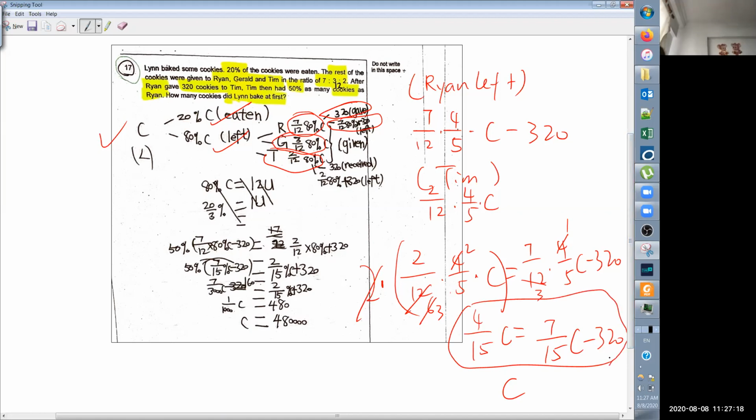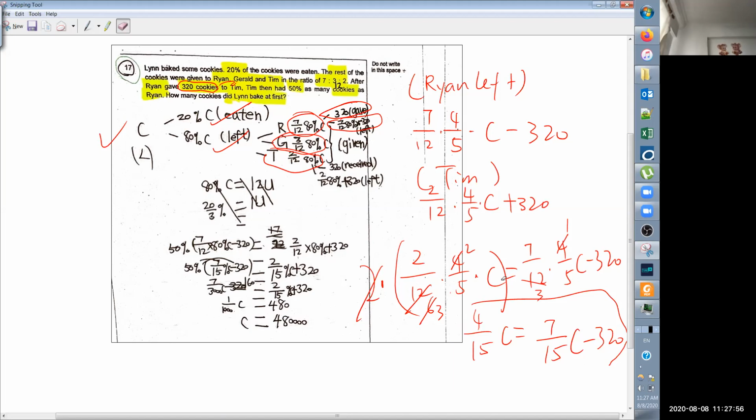Wait a moment. Oh, wait, I still have to add 320, I didn't add 320 here. Because I just saw that, okay, the 320 cookies, right, is to Tim. So I have to add 320 here.